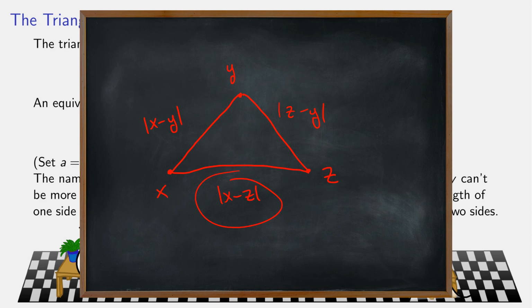This length plus this length cannot be smaller than this one. If you add two sides of a triangle, their lengths together, the result cannot be smaller than the third side. So here's an interpretation of the triangle inequality as it pertains to distances in a triangle. In the real number line, we don't really have two-dimensional triangles, but the inequality still stands.